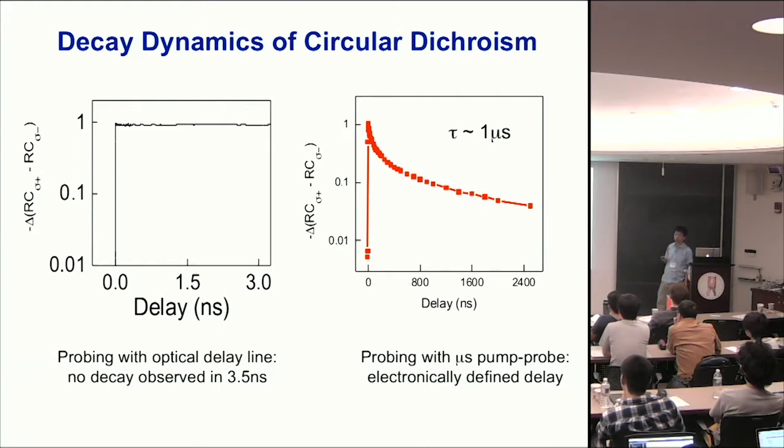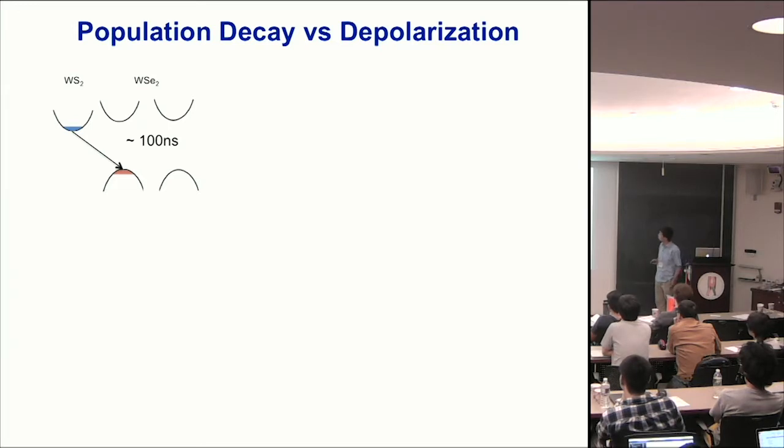So if you think about what caused the decrease of the circular dichroism signal, there are actually two possibilities. As I mentioned, we created a hole in one K valley, and then all the electrons basically go to the, say, WS2 layer.